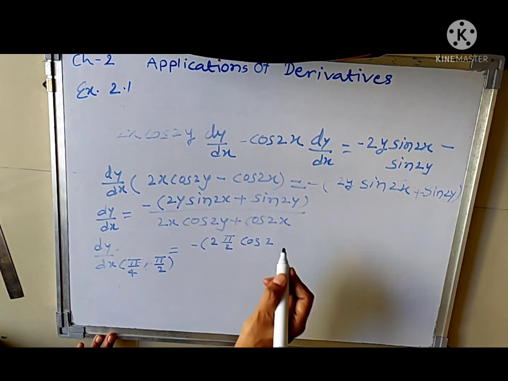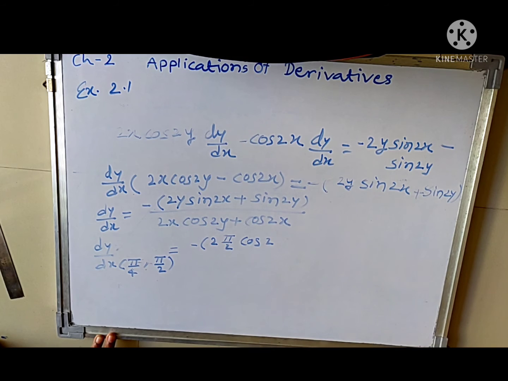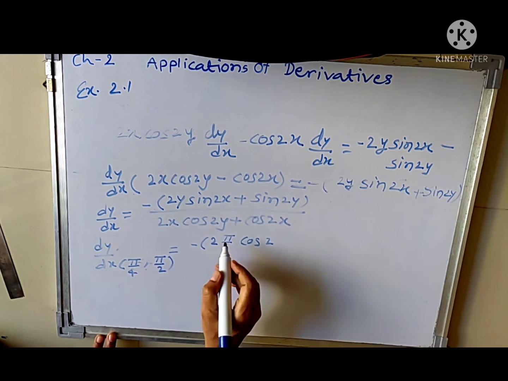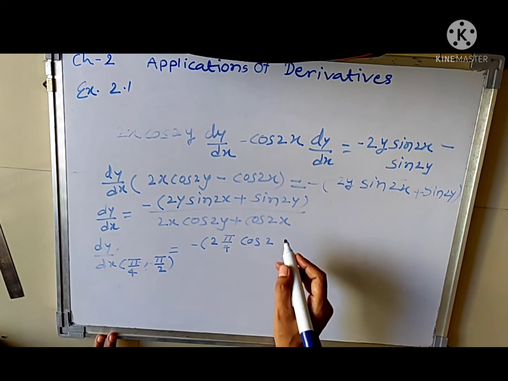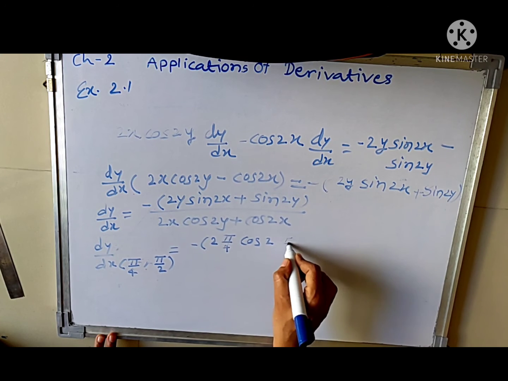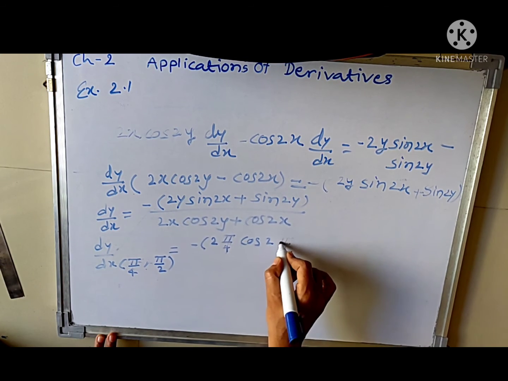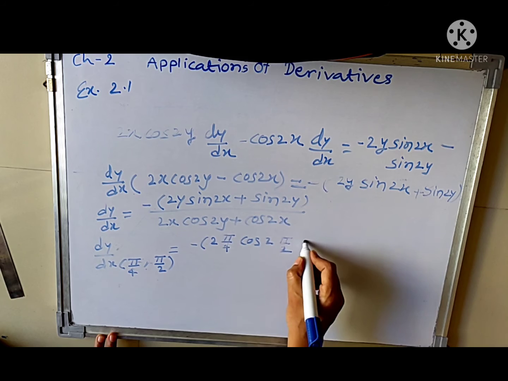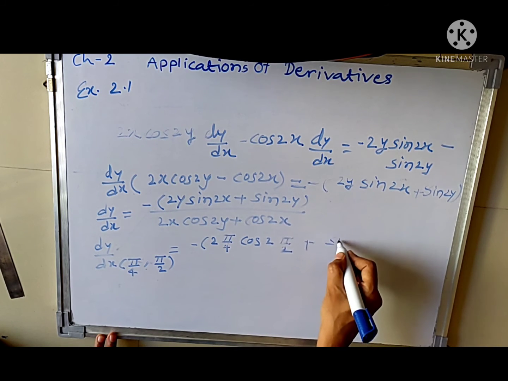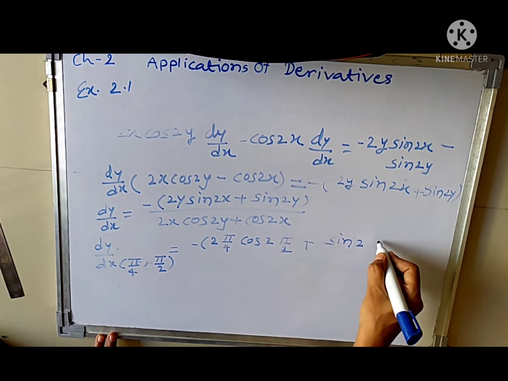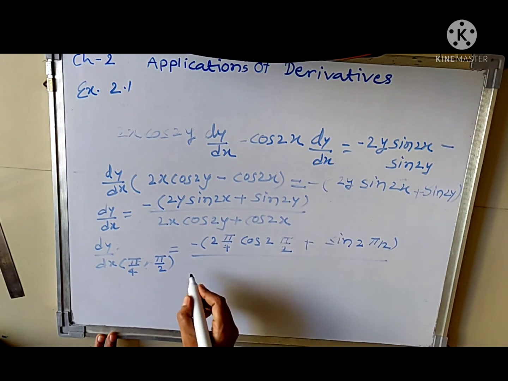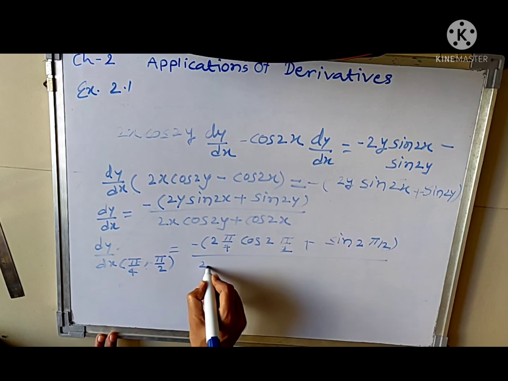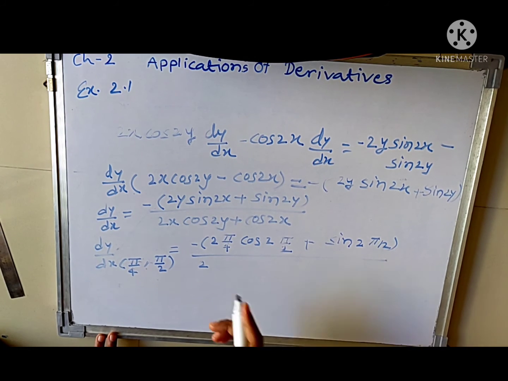cos 2y, x is there, therefore here is pi by 4, cos 2, y is pi by 2, plus sin 2y, y is pi by 2 upon 2.